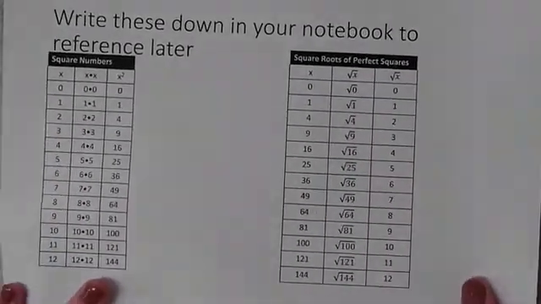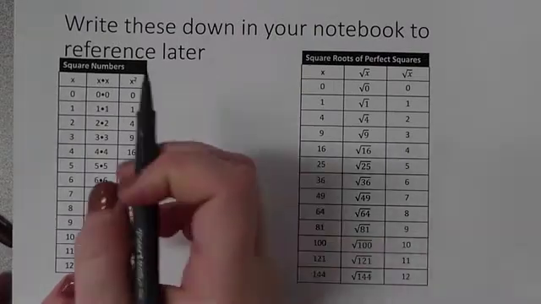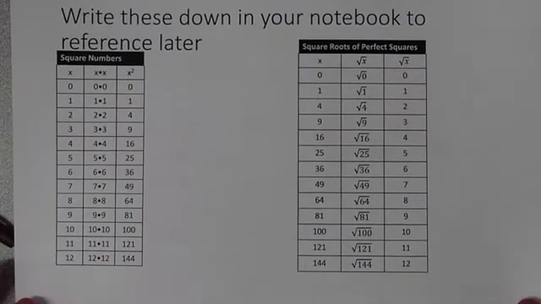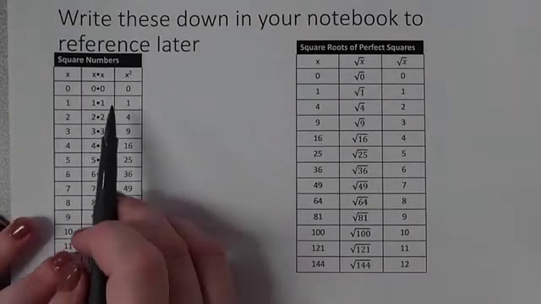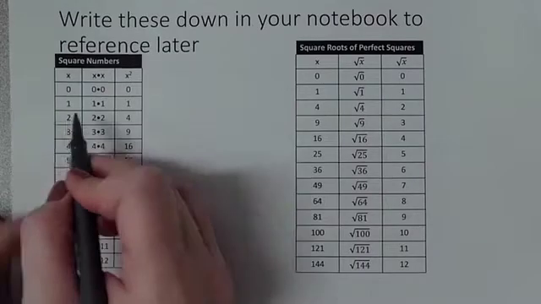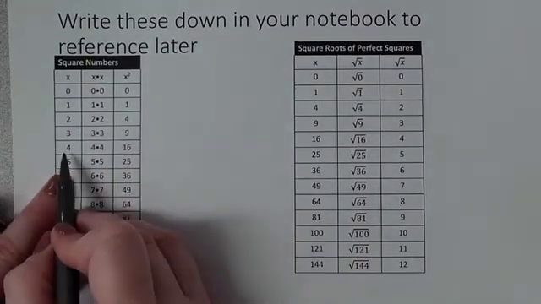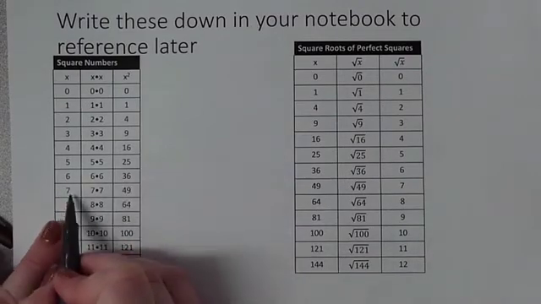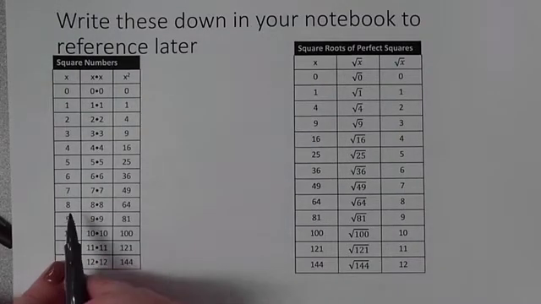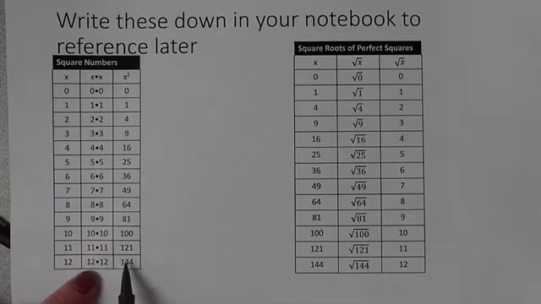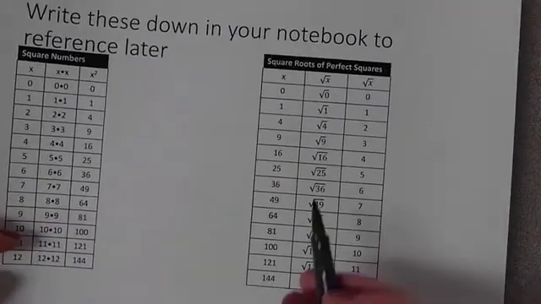Okay, I do want you to write these in your notebook. You can just pause the video here so that it doesn't end and turn black. So 0 times 0, 1 times 1, 2 times 2 is 4, 3 times 3 is 9, 4 times 4 is 16, 5 times 5 is 25, 6 times 6 is 36, 7 times 7 is 49, 8 times 8, 9 times 9, 10 times 10, 11 times 11, 12 times 12.